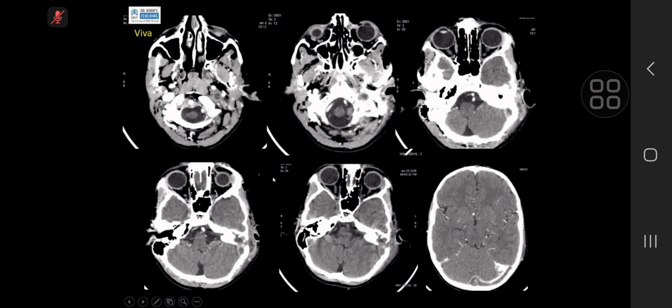So these are still images of the contrast enhanced CT images of the base of the skull and lower parts of the brain. There is a low density filling defect seen within the sigmoid sinus, and there appears to be bony irregularity and disruption at that area. So I'm suspicious of a thrombus.